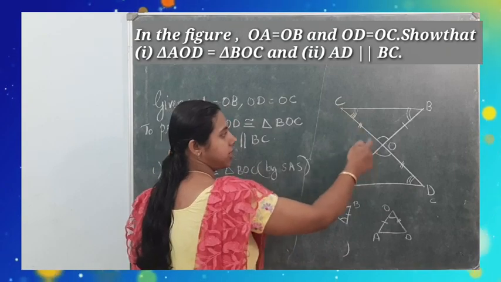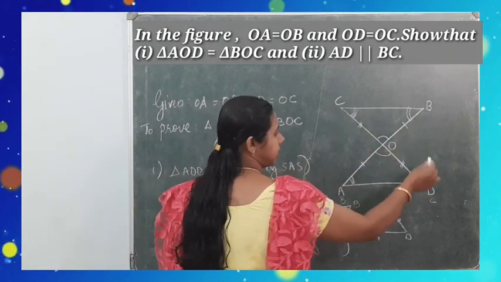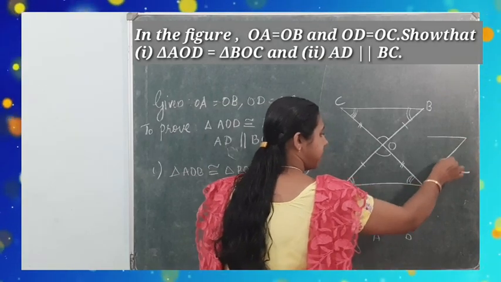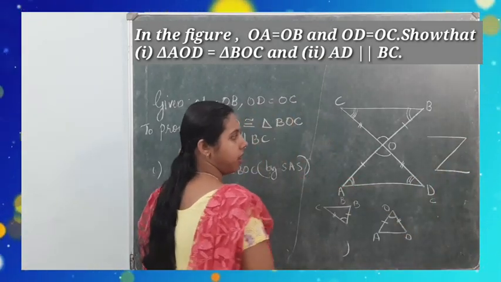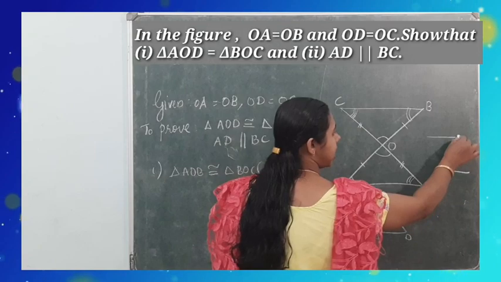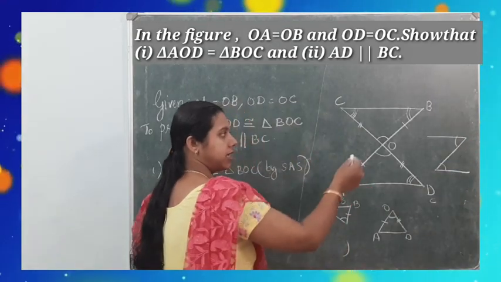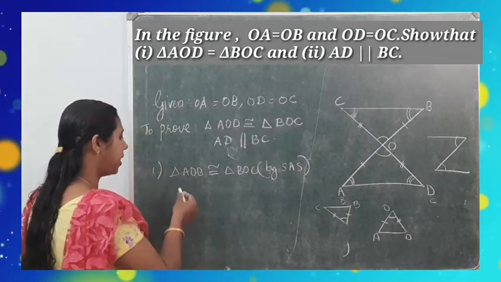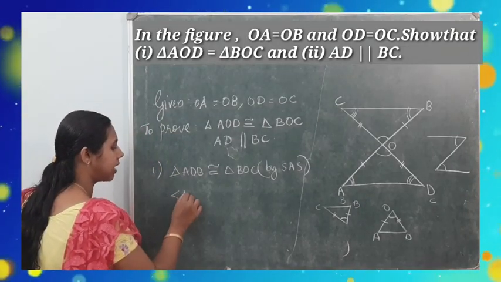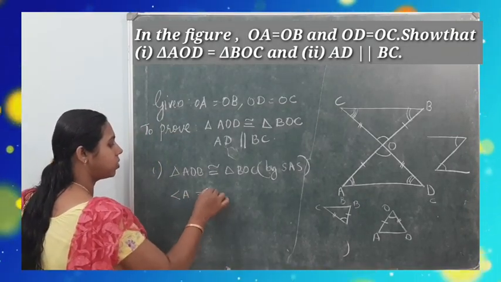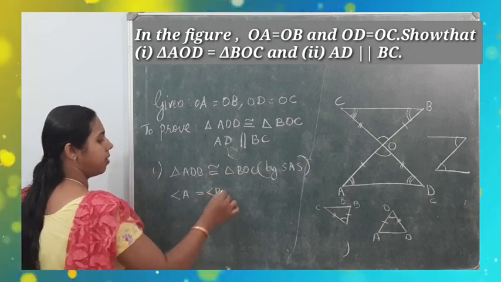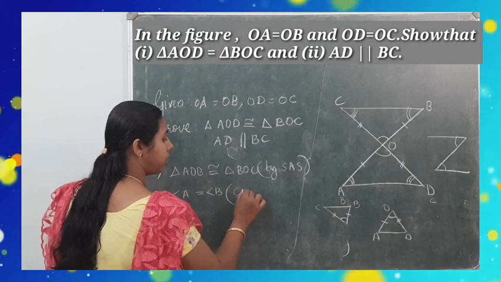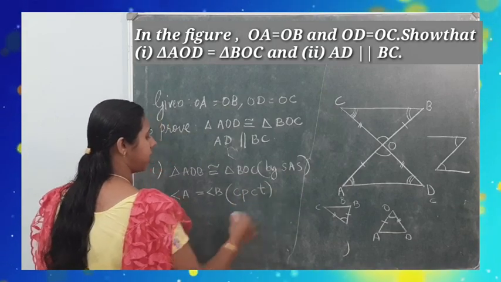When you observe this, there is a line BC and AD, and AB is the transversal, and we can see that angle A equals angle B. They are alternate interior angles. So by CPCT you can write angle A equals angle B. The reason is corresponding parts of congruent triangles.